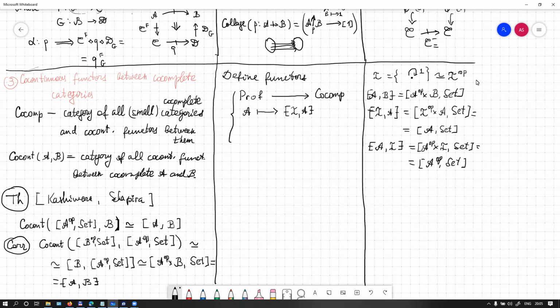Okay. Now, I want to remind you that limits are computed pointwise in functor categories.